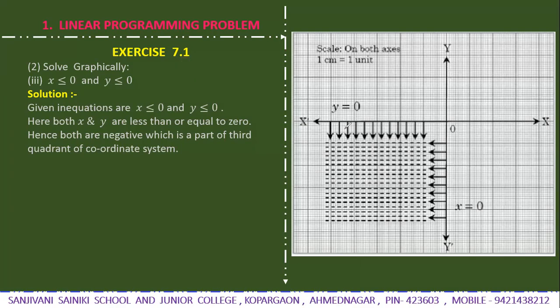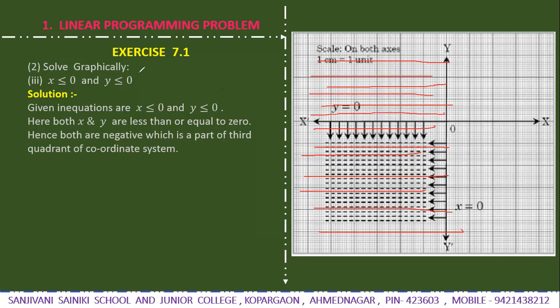X is negative means this area. X is negative, so the area lies in the second and third quadrant. The second inequation tells us that y is less than or equal to 0, which means y lies in the third and fourth quadrant.